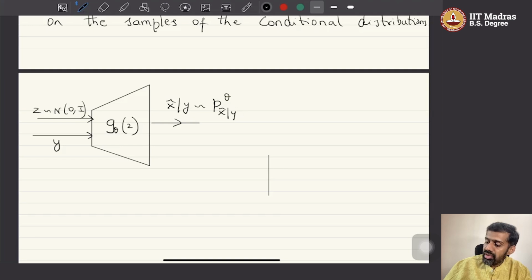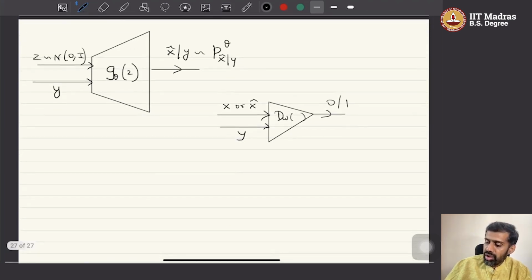Now how does the discriminator, or the t function, look in this case? Same thing. The discriminator also now will take, as before, samples of x or x cap, the usual discriminator. Along with that we will also give y as an input to the discriminator as well. That's all. So now this will be D_w of x given y, which will again give 0 or 1. Now how does the loss function get modified?